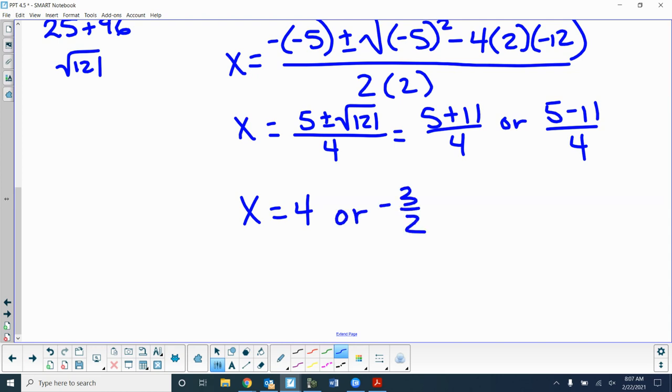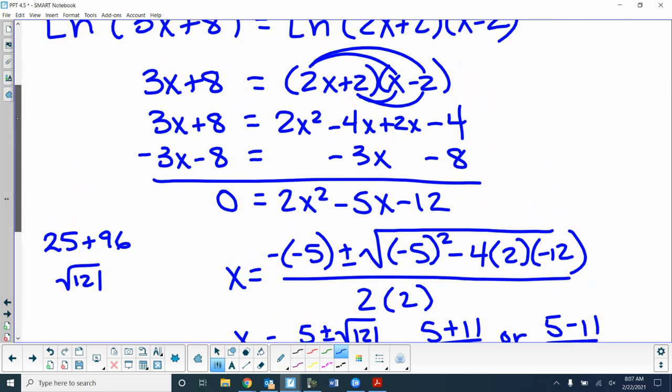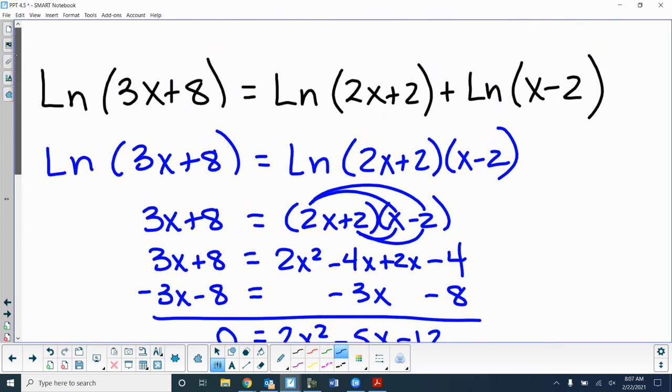So let's go back to the original problem. 4 and a negative 3 halves. 3 times 4 is 12, plus 8 is 20. 2 times 4 is 8, plus 2 is 10. 4 minus 2 is 2. So I don't get any negatives in the parentheses, so 4 should be fine.